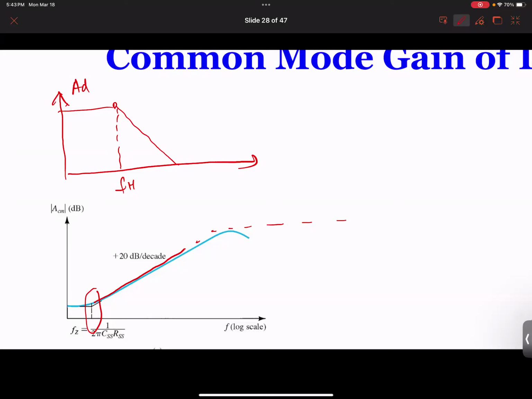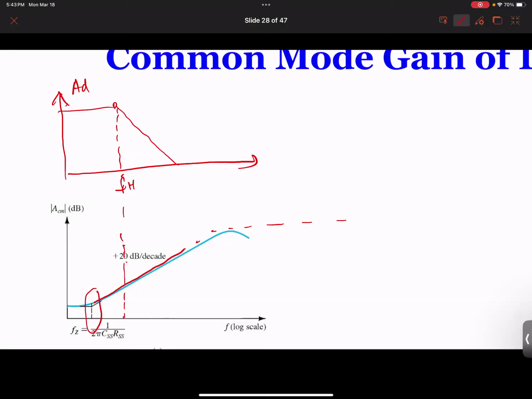But in real life, it's difficult to design these two together. So what happens is that either FZ is smaller than FH, as in this case that I draw, or it could be another case. It depends on the circuit.